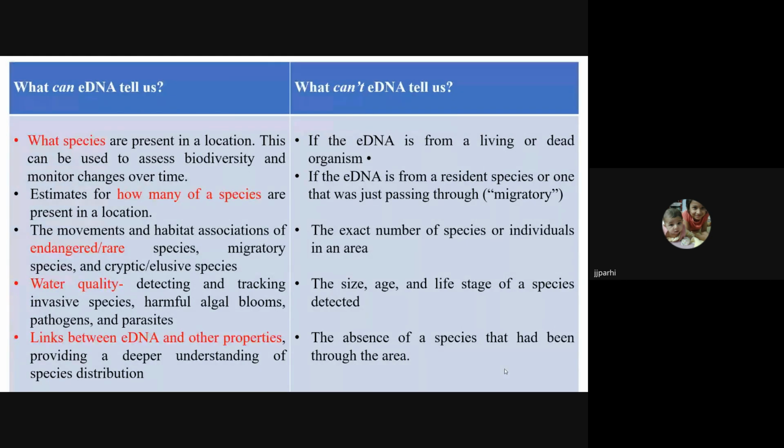And the absence of a species cannot be concluded either. It may be that the sample we collected did not capture that particular species, so we are not able to know. We cannot exclude that a particular species is not available. So overall, it can tell us what species are available at a particular time.